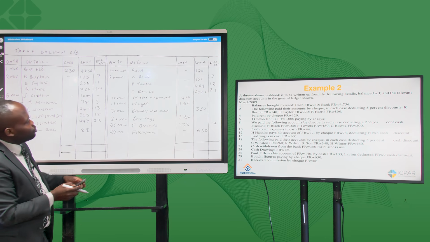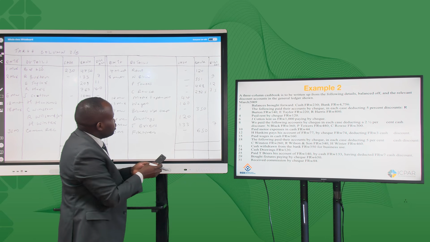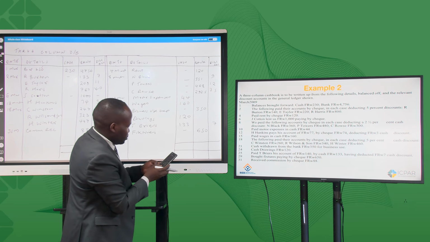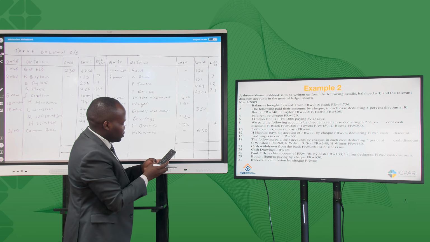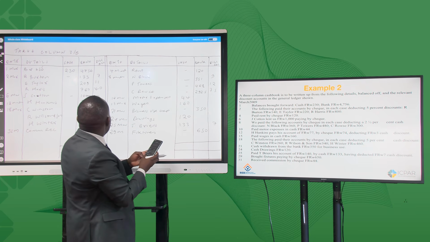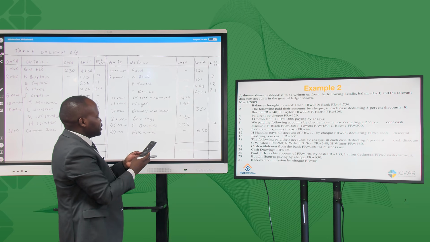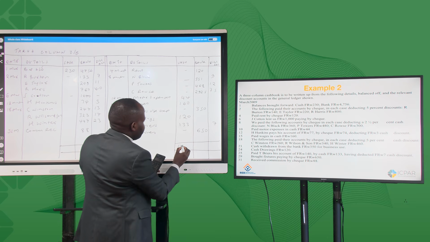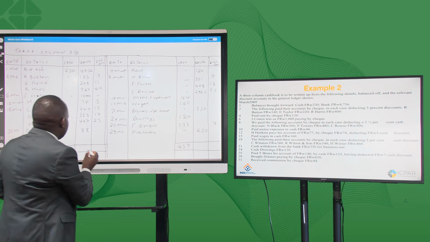Yes, this side is more than 230. So we have 44 plus 160 plus 120 plus 133. It gives us 457.